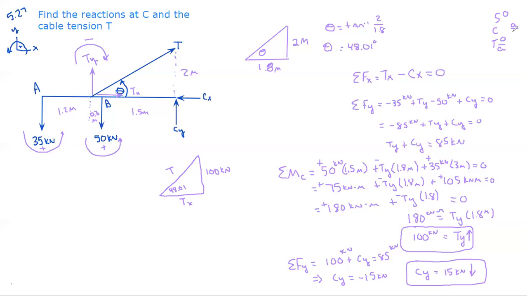I think you've probably seen me do this in class more than once. I can use sine of 48.01 degrees is equal to 100 divided by T. Therefore, T comes out to be 134.54 kilonewtons.